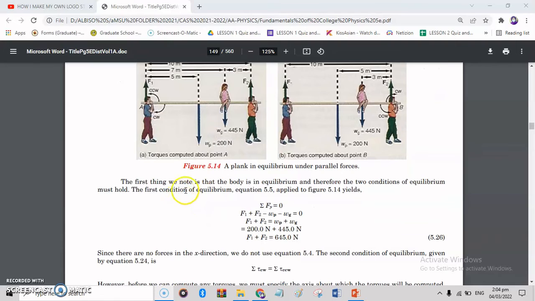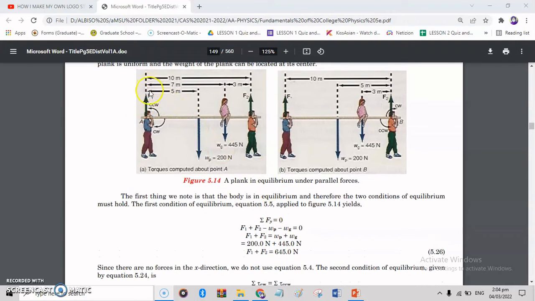Now, the first thing we note is that the body is in equilibrium and therefore, the two conditions of equilibrium must hold. The first condition of equilibrium, equation 5.5, applied to this figure is summation of all forces along the y is equal to 0. So, F1 is positive, WP is minus, WG is minus, and F2 is positive.